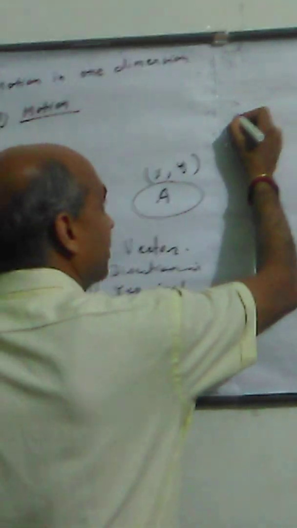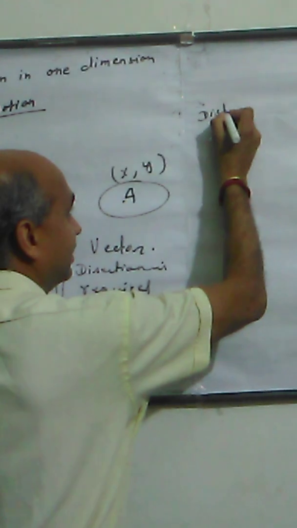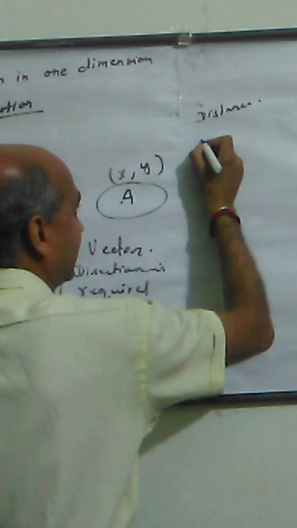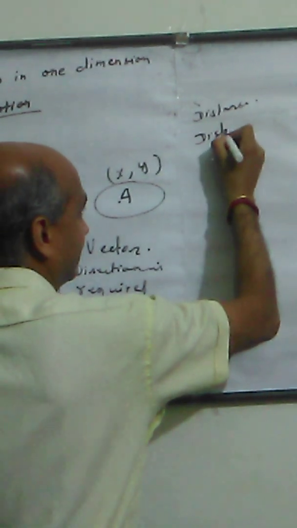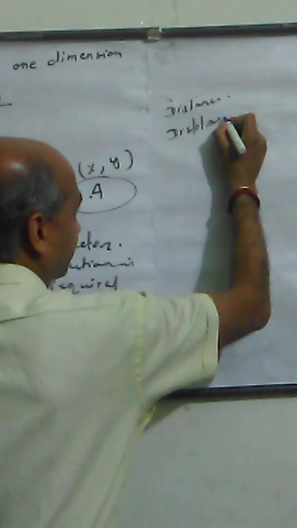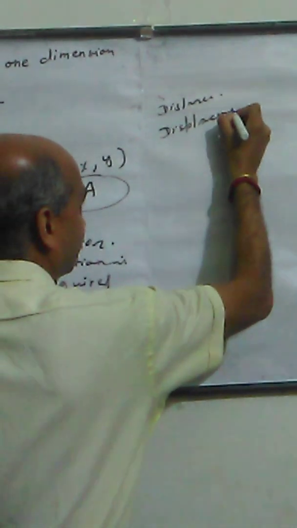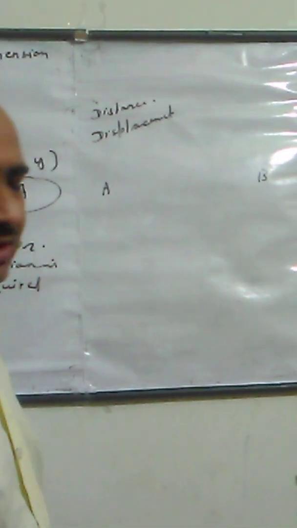After this, let us take a few examples. Let us take the example of distance and displacement. When I talk about distance, suppose there are 2 points, say A and B. Distance is nothing but the length of the path.